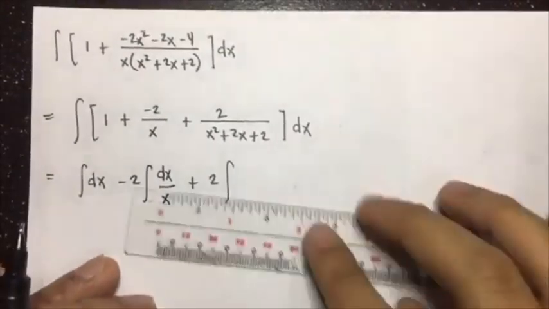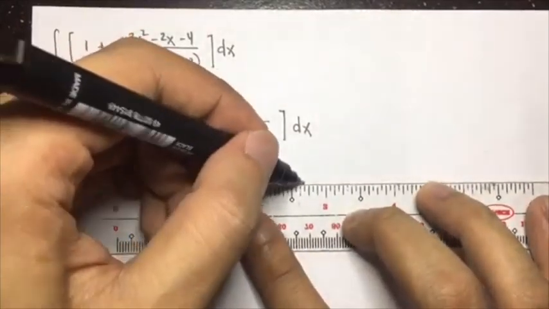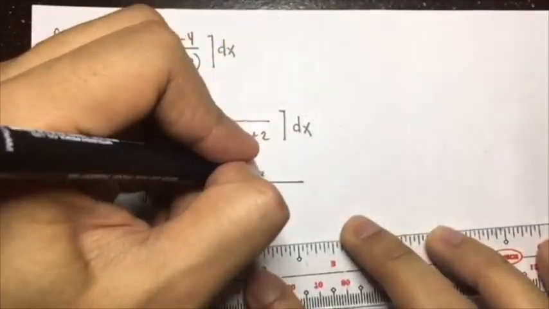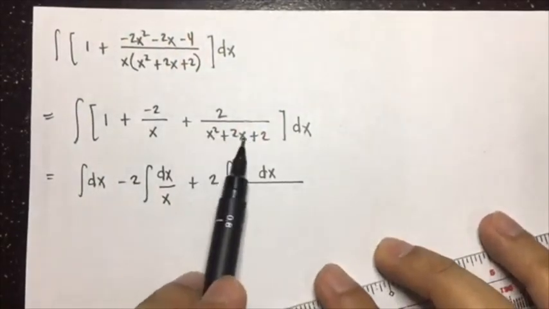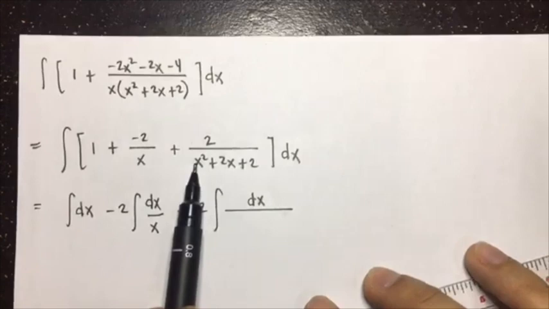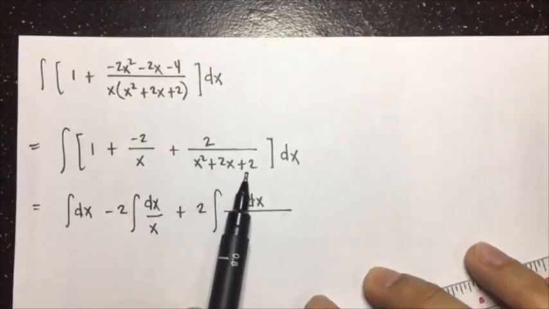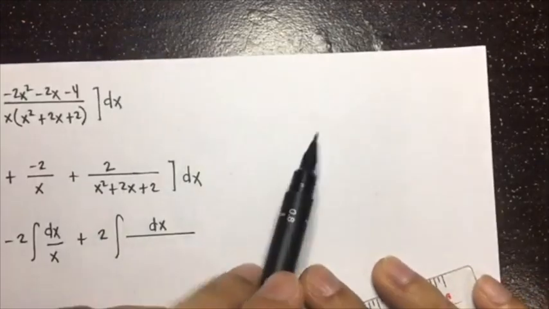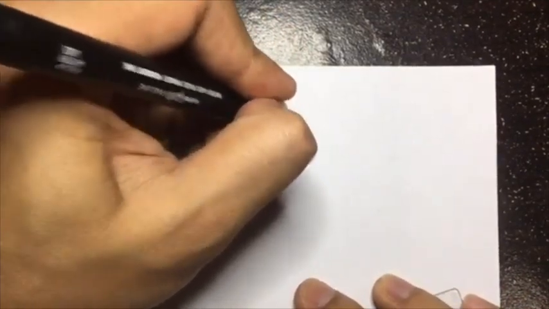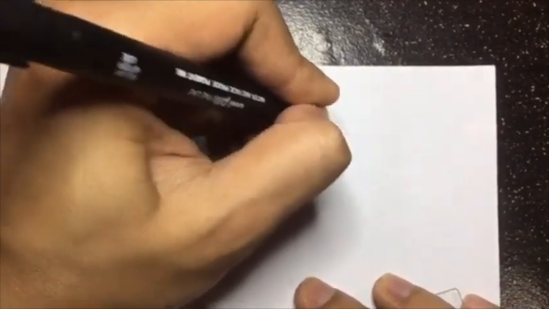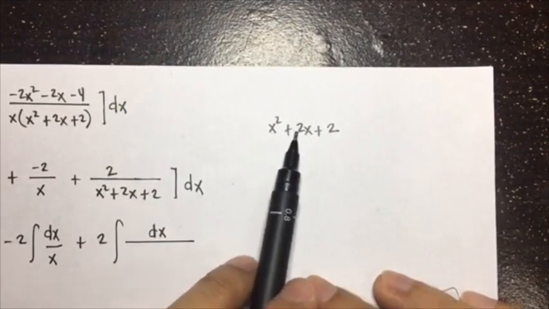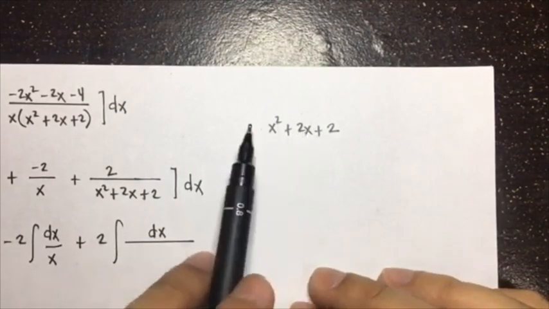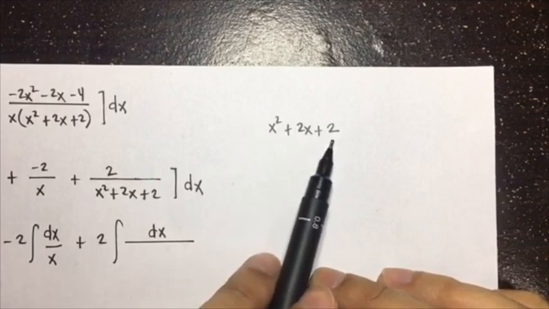Then the integral of dx over the quadratic denominator. You can rewrite the denominator by completing the square, so x squared plus 2x plus 2. Completing the square, the last term should be positive 1, so x squared plus 2x plus 1.